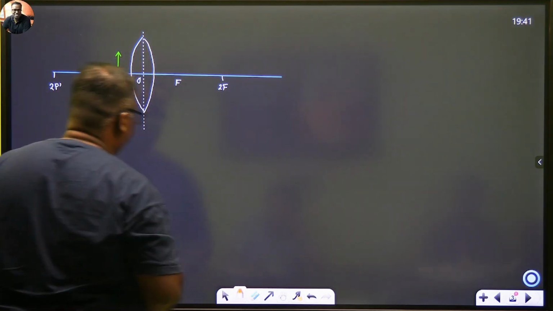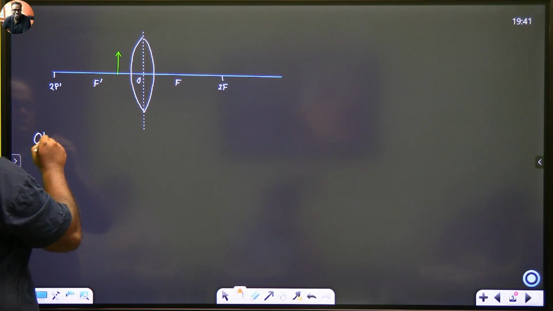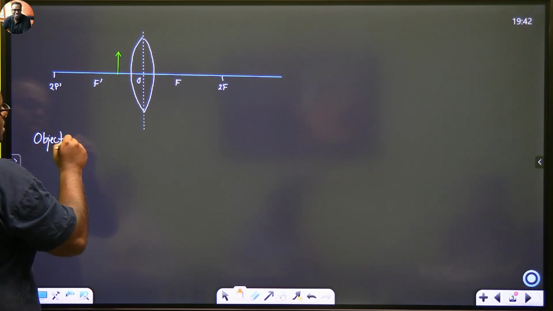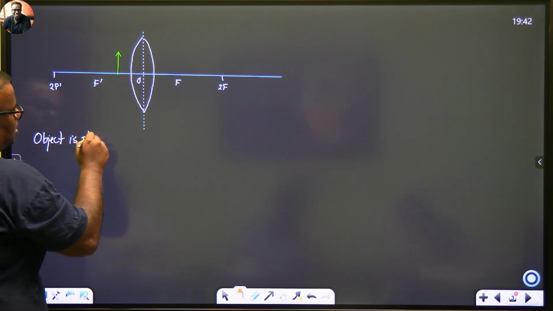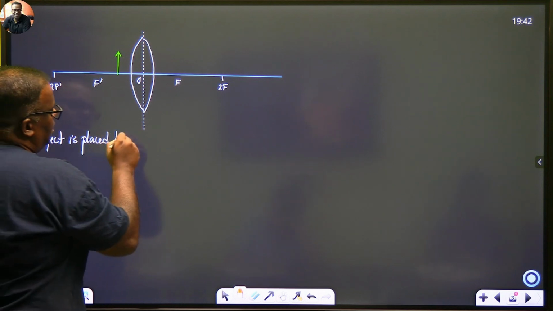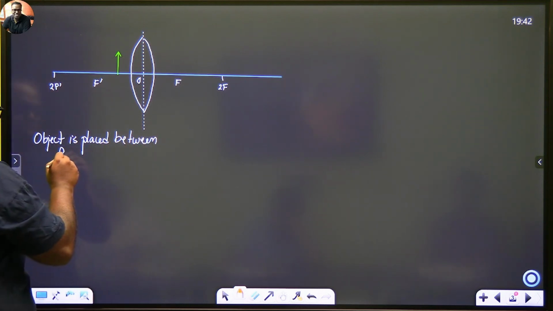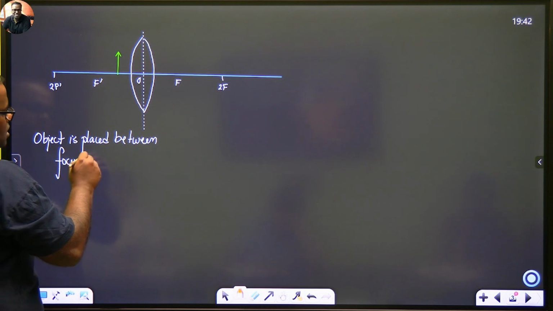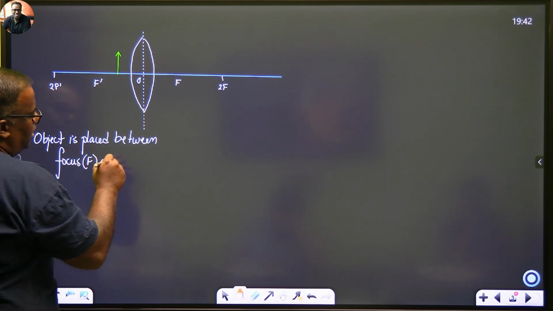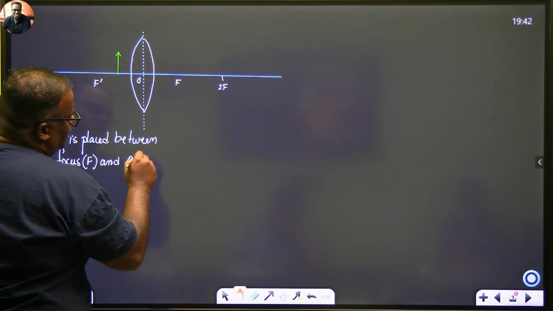So we say object is placed between focus, that is F, and optical center.